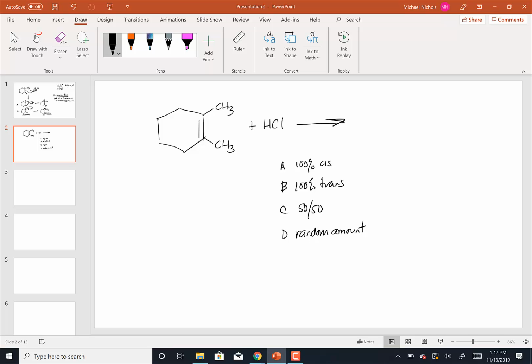So in this case, it doesn't matter whether you add the H to the top or bottom carbon or the chlorine to the top or bottom carbon, you're going to get the same product. What I'm interested in here is, how am I going to add the hydrogen and chlorine? 100% cis, 100% trans, 50-50, or just random? Okay, so think about that for a minute.